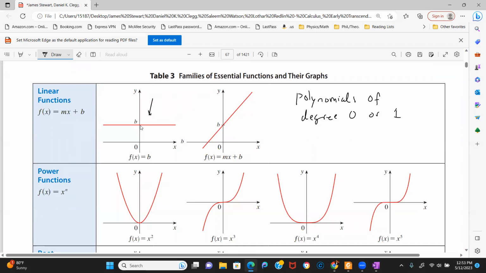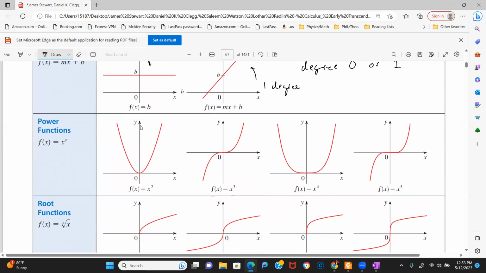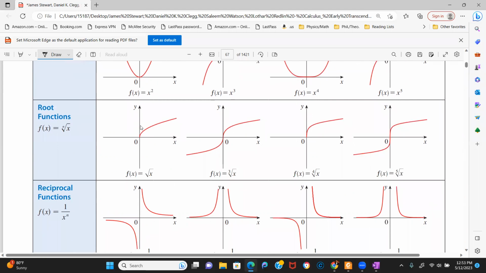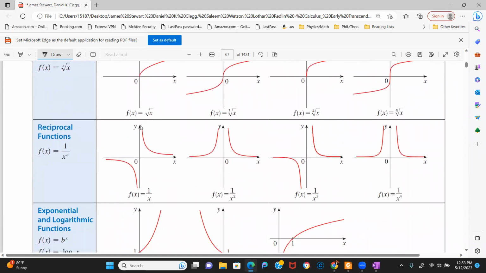This would be the 0 degree case. This would be the 1 degree case, the first degree case. And then we have power functions. Again, these are just polynomials, but they're like the elementary polynomials, the very basic ones. We saw these ones. There's the root functions. Here are some reciprocal functions. We saw these a little bit. So we have 1 over x.